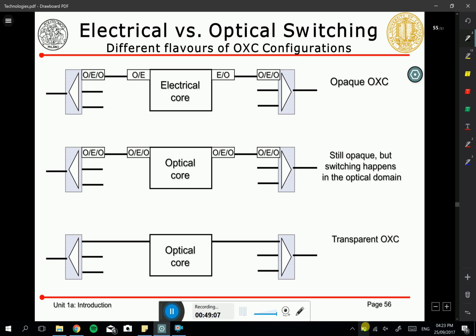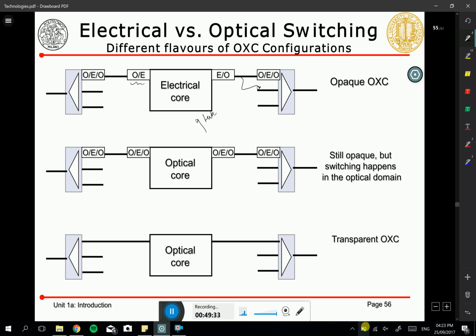You translate your photons in electrons. You build your frame. You build your set of bits. You interpret the set of bits. You take a decision and you go out. Okay? This is electrical switches. You move the signal from optical to electronic.